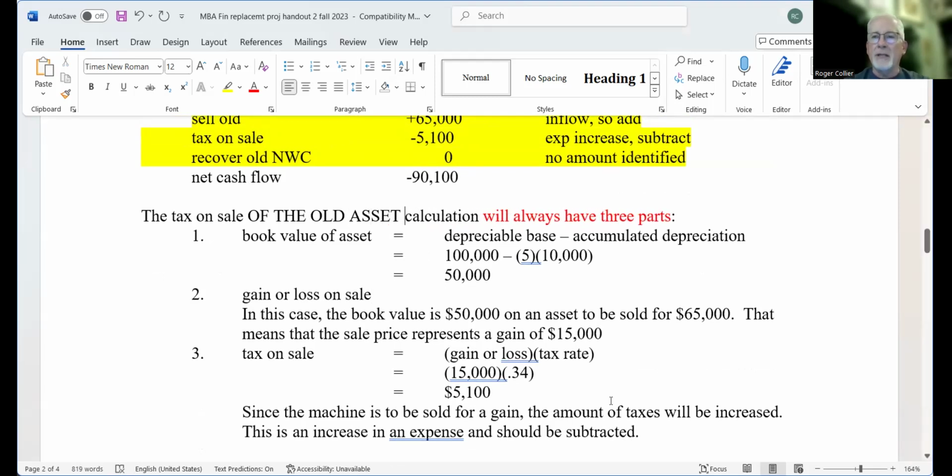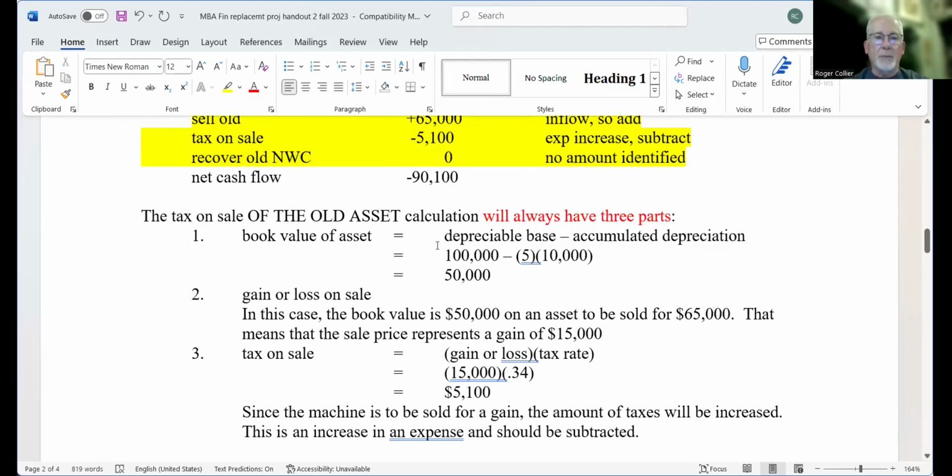What about tax on sale of the new one? We'll get there. Right now, we're just dealing with selling the old one and recognizing the tax effect. All right, three parts. First part, what is the book value? Well, the book value is always the depreciable base minus all of the depreciation we've taken up to that point.